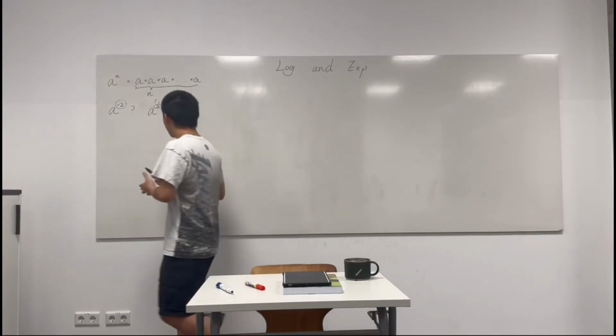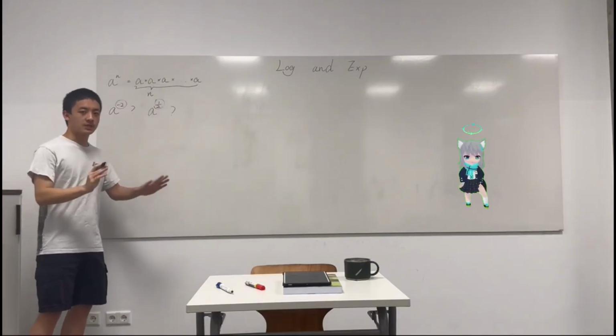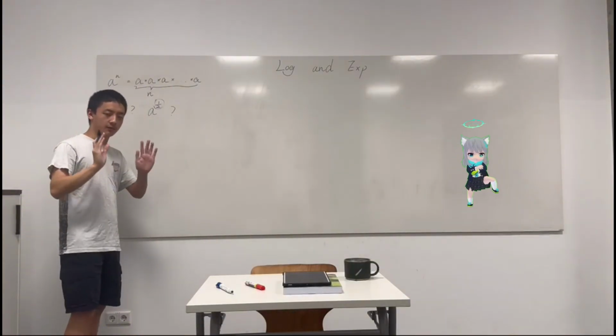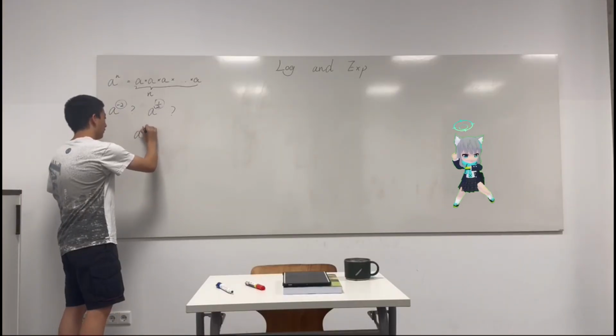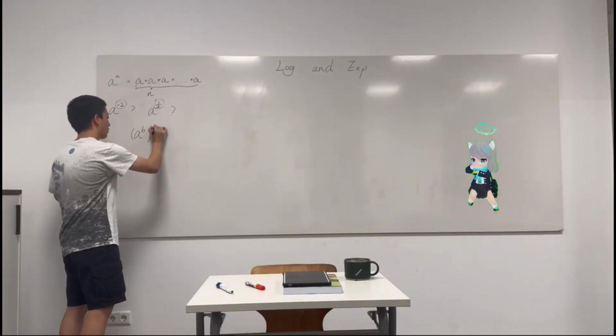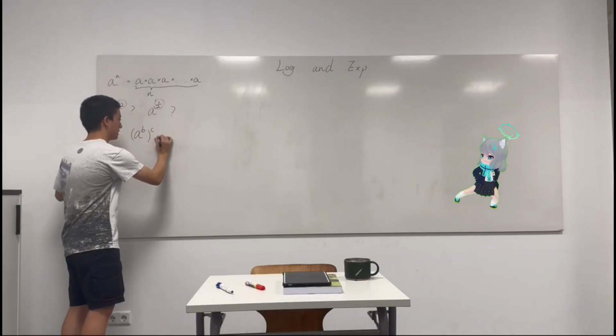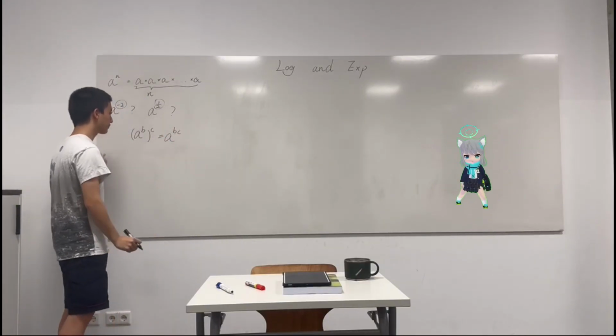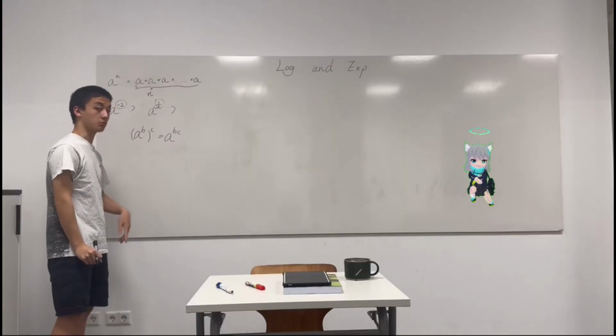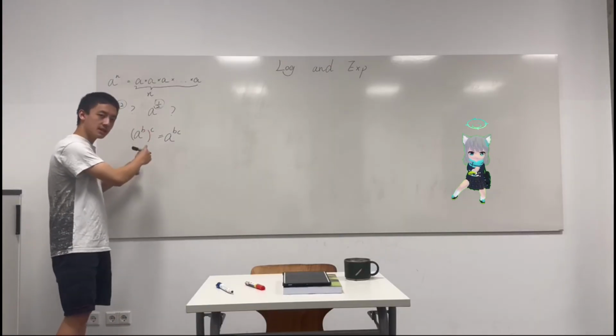Before everything, I have to make sure that you know that a to the power of b, then to the power of c, is equal to a to the power of b times c. Why is that?